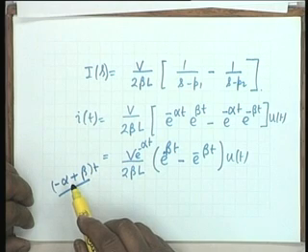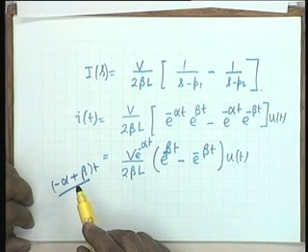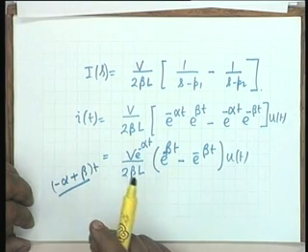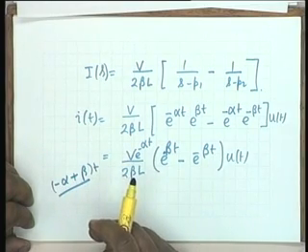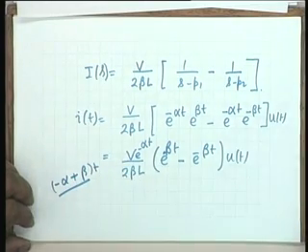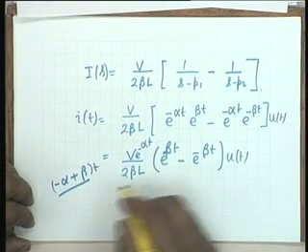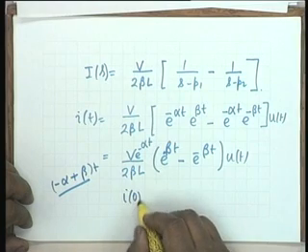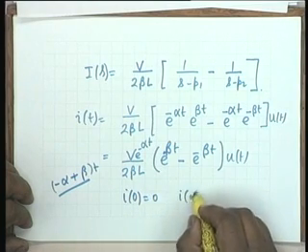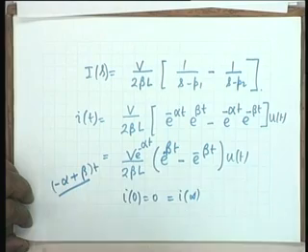Here, beta is less than alpha, because alpha is R by 2L and beta is the square root of R squared by 4L squared minus something. So this also will go to 0, and therefore I of 0 equals 0, and I of infinity is also equal to 0, which is correct.